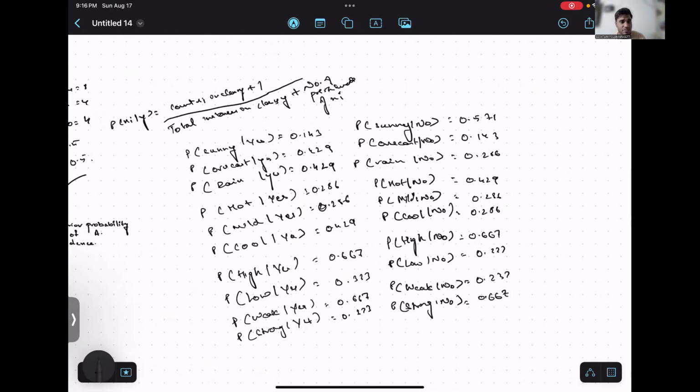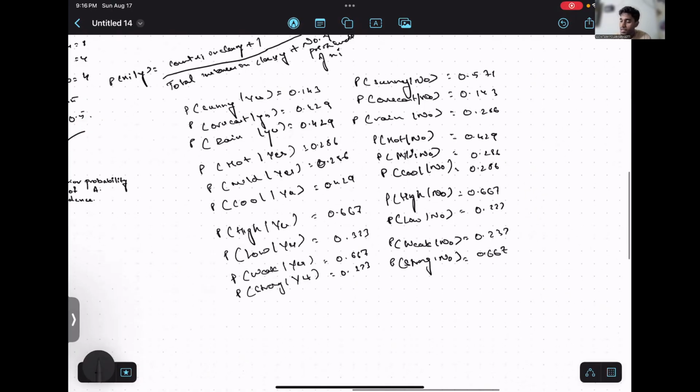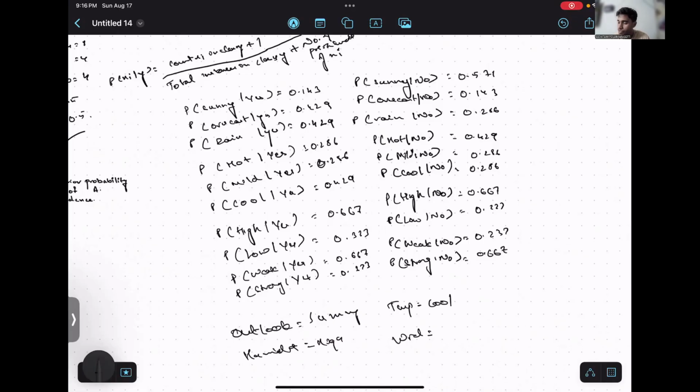Using these likelihoods, if we want to predict for a new sample, for example, outlook is equal to sunny, temperature is equal to cool, humidity is equal to high, and wind is equal to strong.